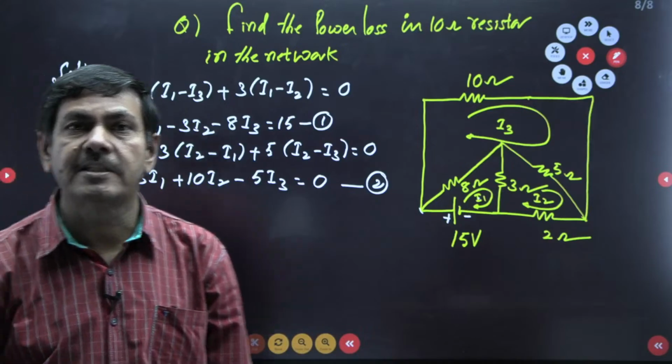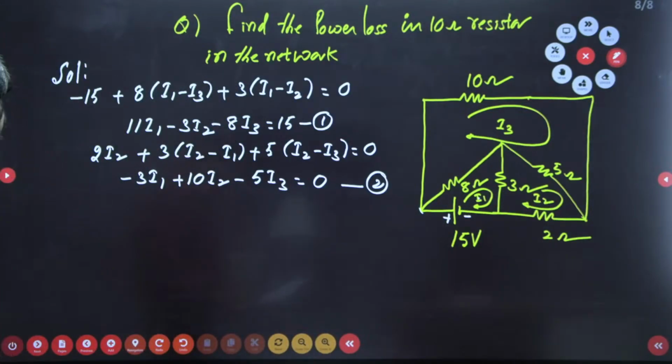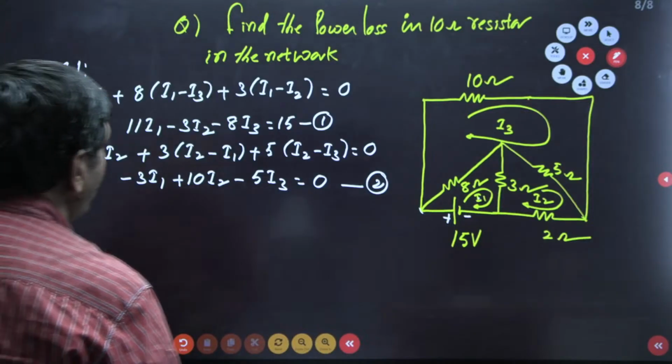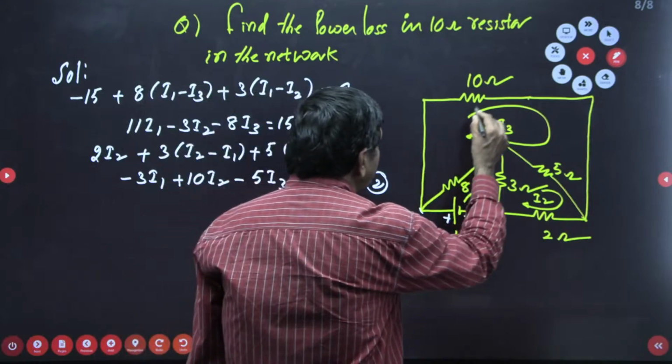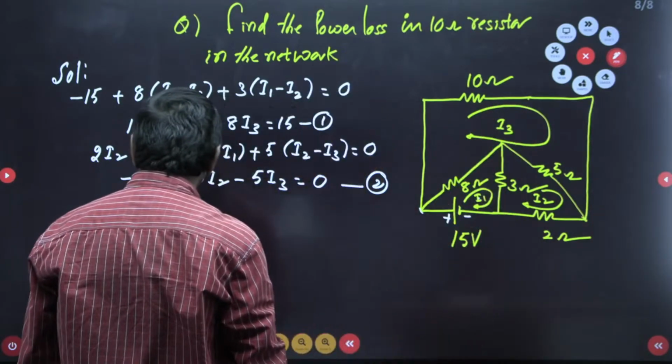Can you form the third equation from the given network? For the third equation, I consider this loop. 10 into I3 is possible here.